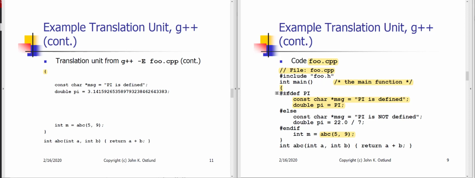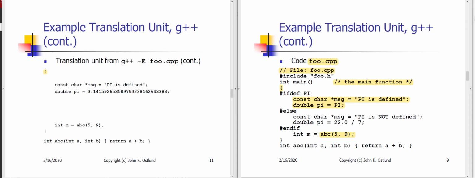Then we get to the ifdef of pi. Now, the preprocessor knows that pi has been defined. That particular ifdef line comes through to the translation unit as a blank line. So here again, I'm wiggling my cursor in the position where that blank line occurs. That's where ifdef pi was.